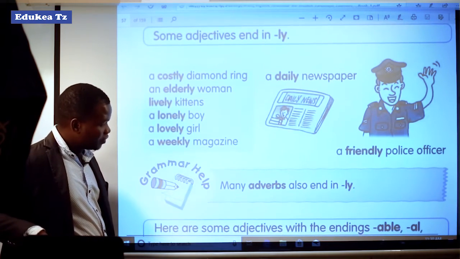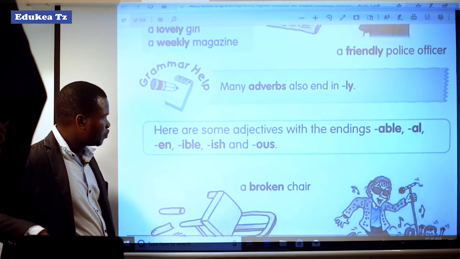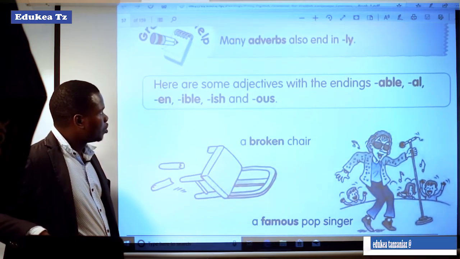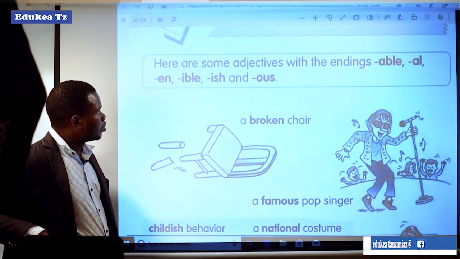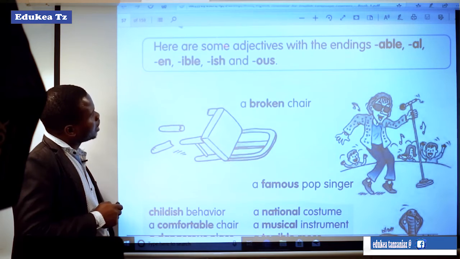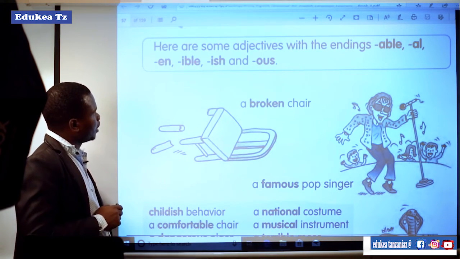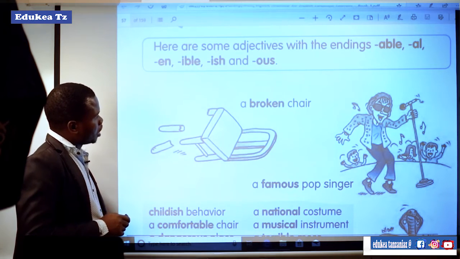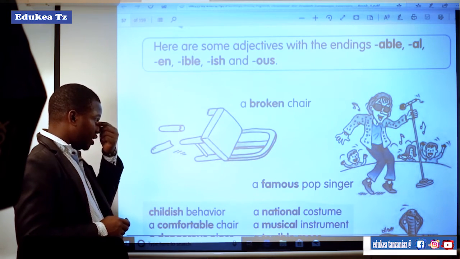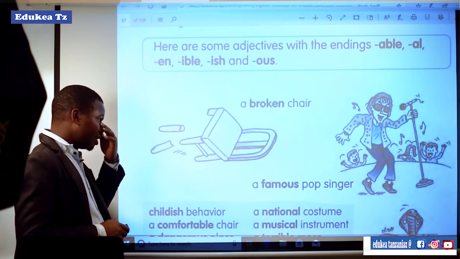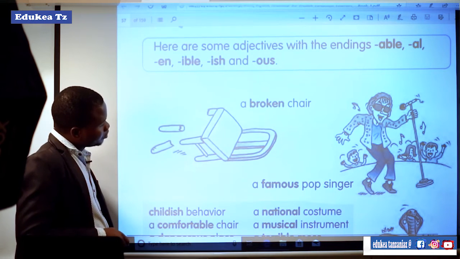So we have to be careful here, so as not to confuse them. Here are some adjectives with the endings able, al, en, ish, and ous. For example, a broken chair, so you can see there is en.